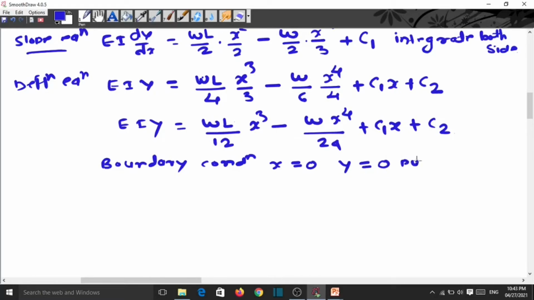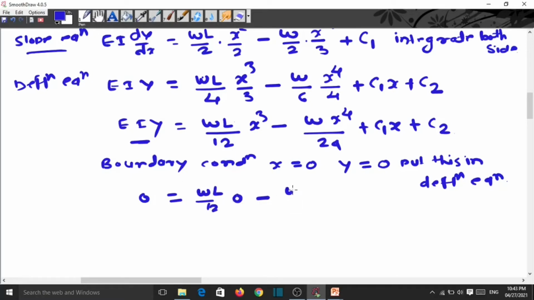Put this in the deflection equation. So 0 is equal to WL by 12 into 0, then minus W by 24 into 0, plus C1 into 0 plus C2. So we can say that C2 is equal to 0.